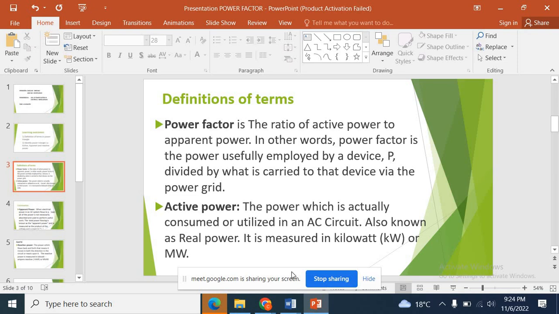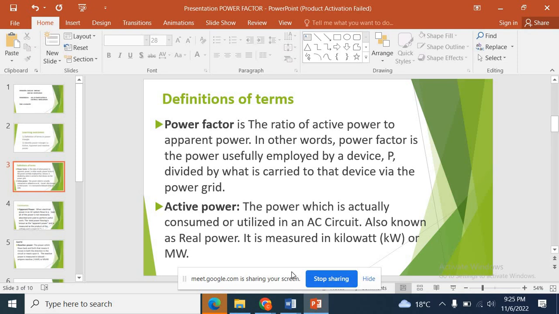Yes, Jacqueline. As per what Jacqueline has said, active power is the power which is actually consumed or utilized in an AC circuit, and it is also known as real power.